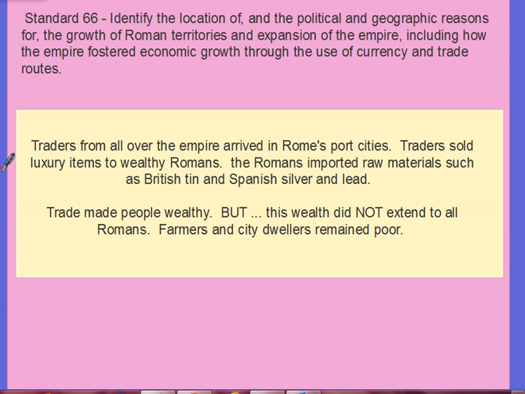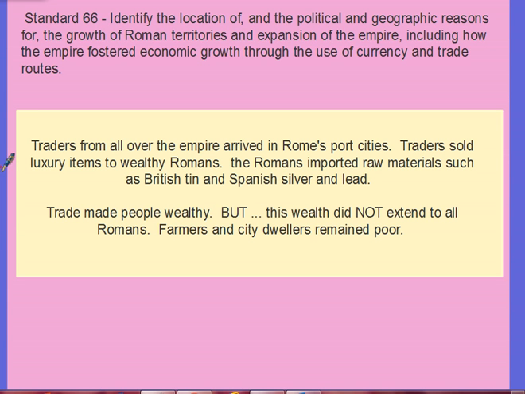And Rome was using that money and those taxes they were collecting and the money they were getting in from trade to build roads, aqueducts, bridges, using it for their military. So not everybody in Rome was getting wealthy, were they? They weren't.